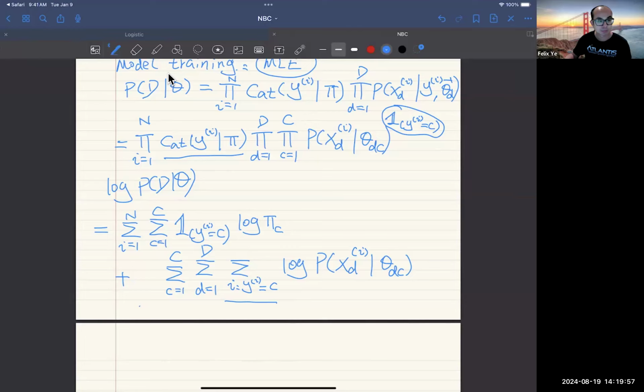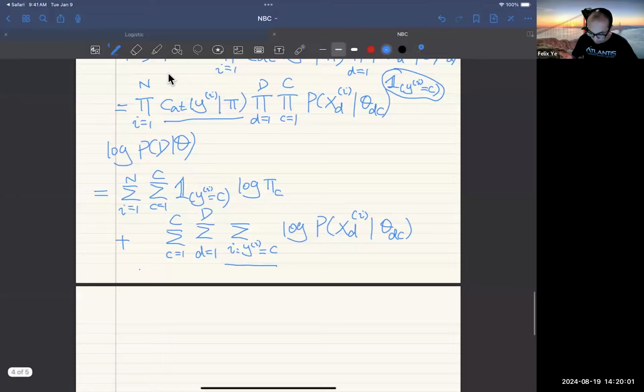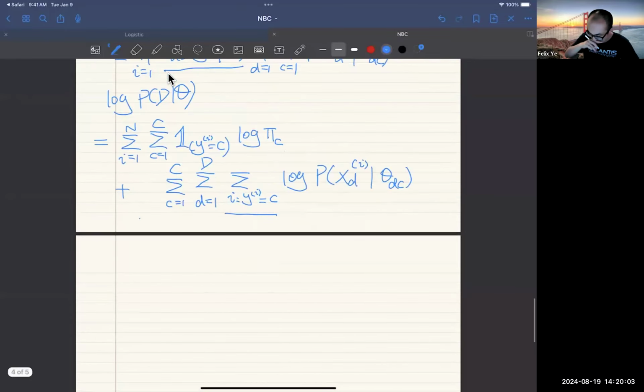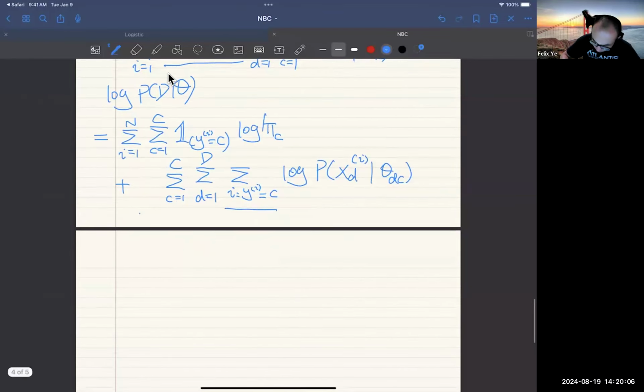I want to remind you how many parameters we need to infer. We have to infer the pi_c right here. We also need to infer the theta_dc.